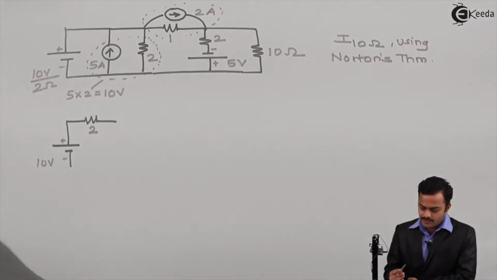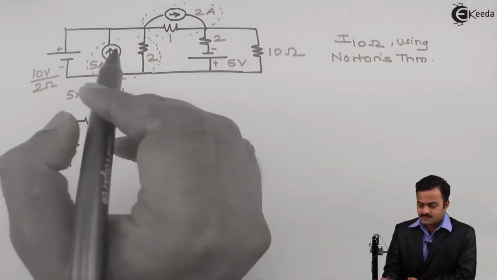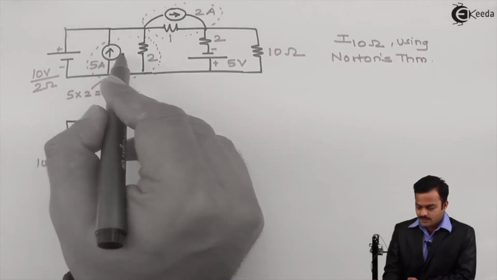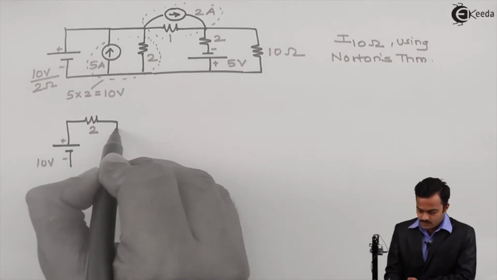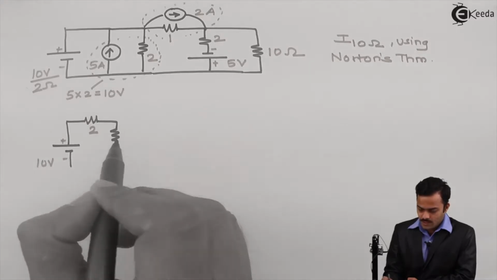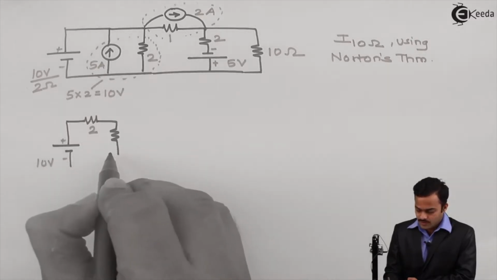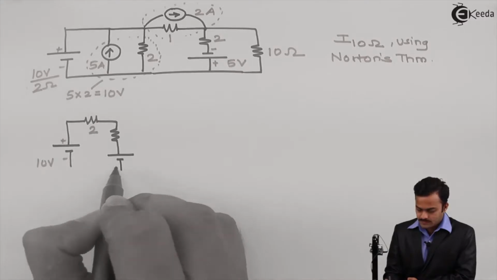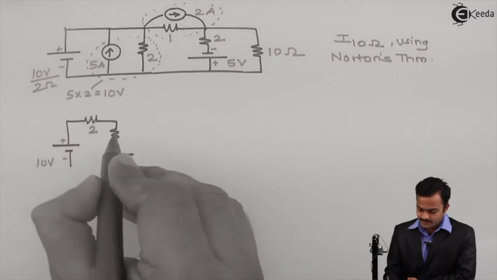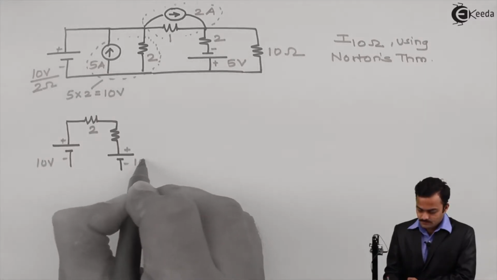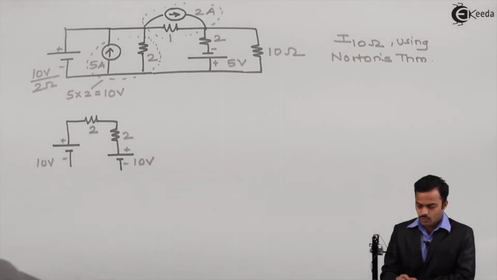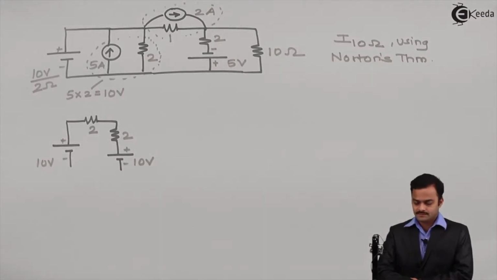So I will redraw it. It will be like this, 10 volt in series with 2 ohm. So this is a 2 ohm and the equivalent voltage source will be like this, of the value 10 volt, and a resistance of 2 ohm will come in series with it.